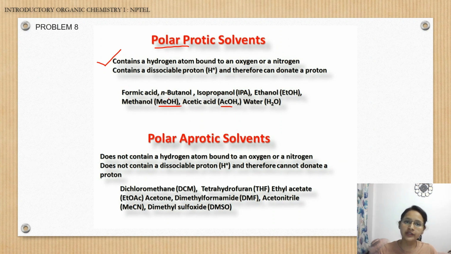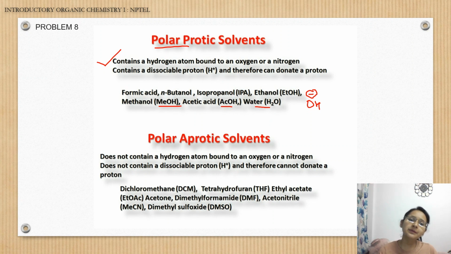Methanol will give you methoxide and an H plus. Butanol will again give you the same thing. And water, as you know, will give you OH minus and a proton. So the solvents that will give you, on dissociation, an ionizable proton, that is known as polar protic solvents.